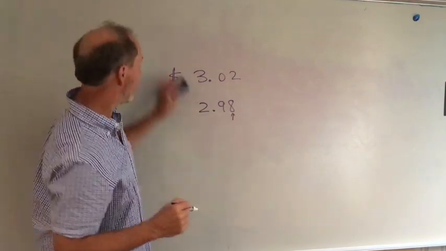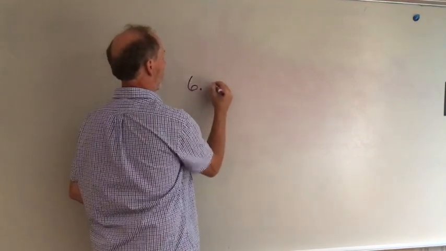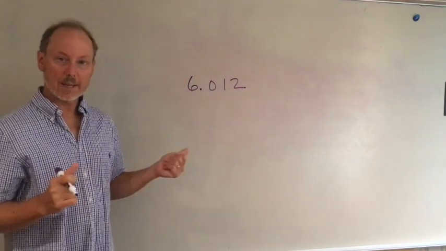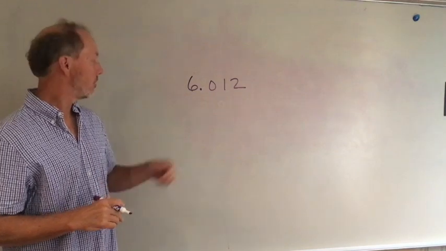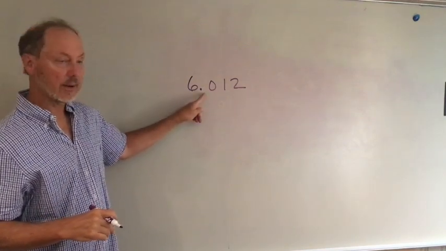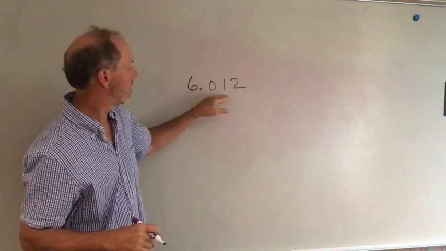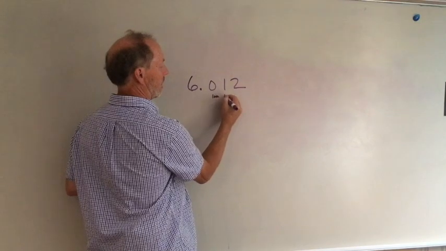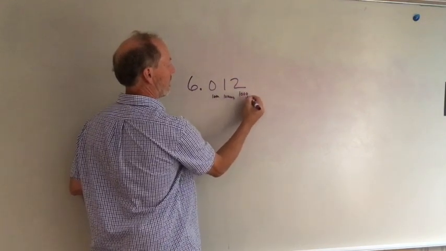Let's take it a step farther. Read it, I'll read it. You read it, I'll read it. Did you get 6 and, read the whole thing, 6 and 12, this is tenths, this is hundredths, this is thousandths.